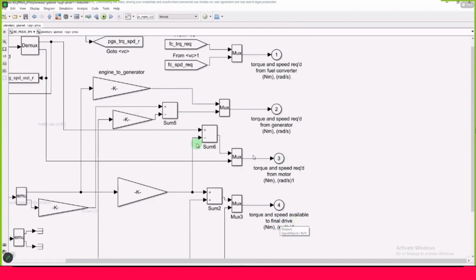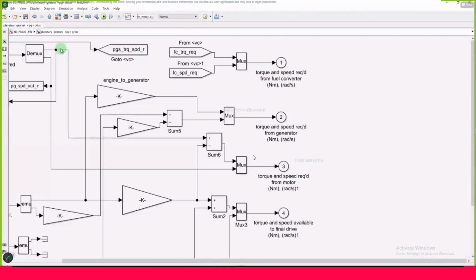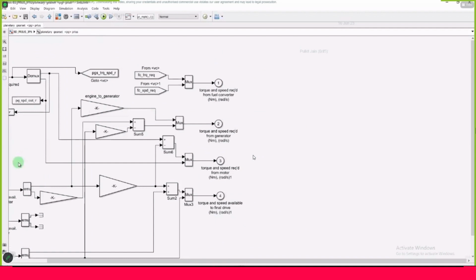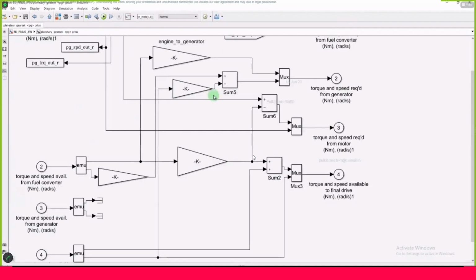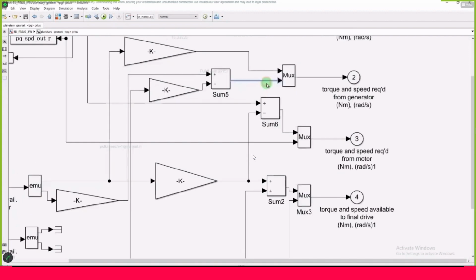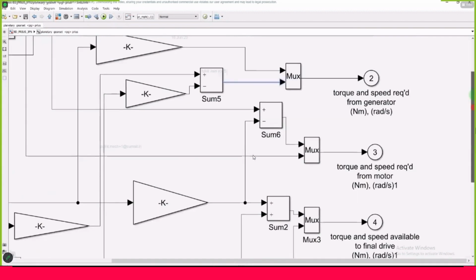So here you can see there is a combination of all the things. This is how the planetary gear set is implemented in a model. Here you can see the inputs and the outputs, and they are summed up together, and you can see this number 4 is coming up with the addition from all these levels, starting from number 1, 2 and 3.